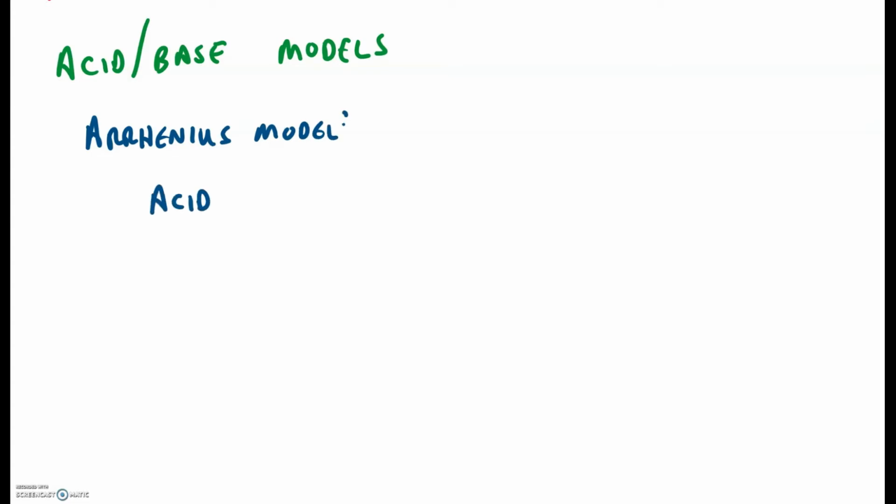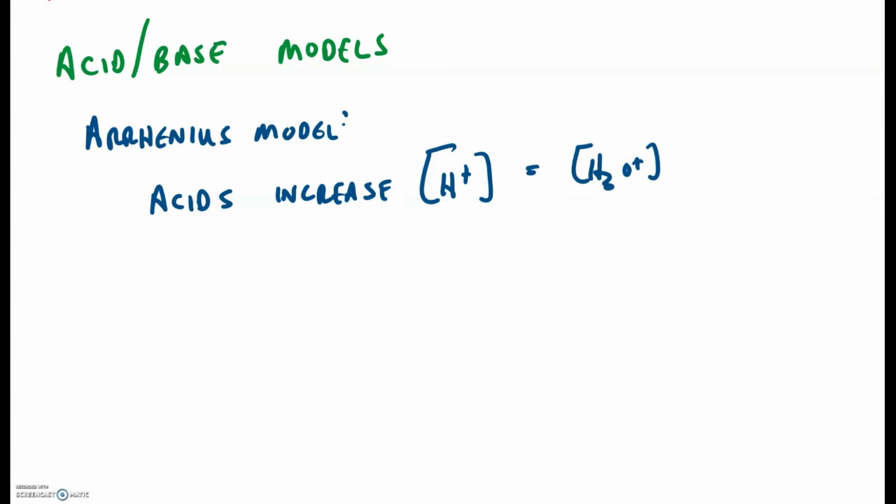And we already know that acids release H plus. And so, according to this model, we'll slightly modify that definition. We'll say that acids increase the concentration of H plus, which is, of course, synonymous with H3O plus, and bases increase the concentration of OH minus. And that's a pretty solid model. We already know how that one works.